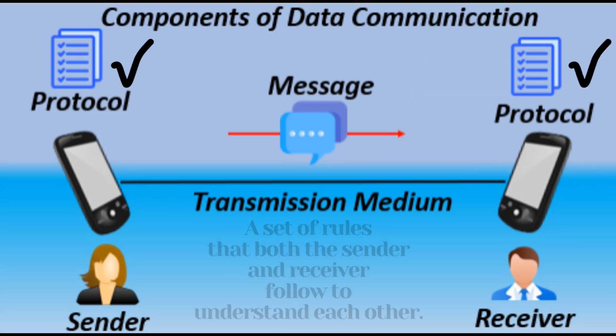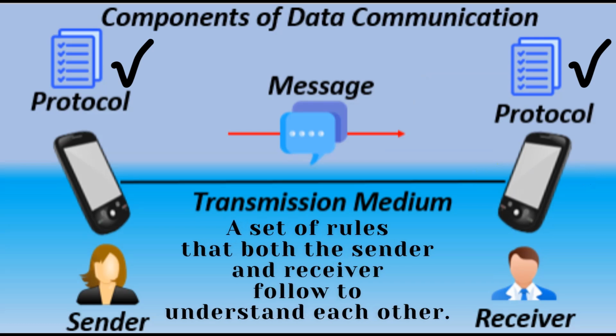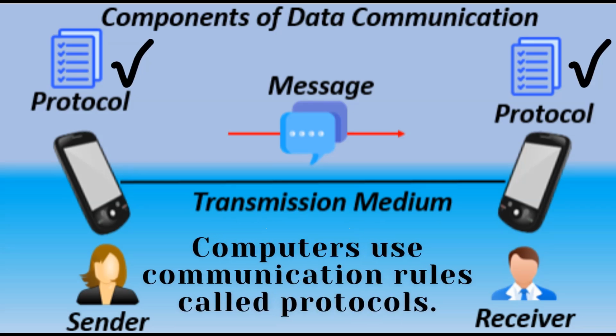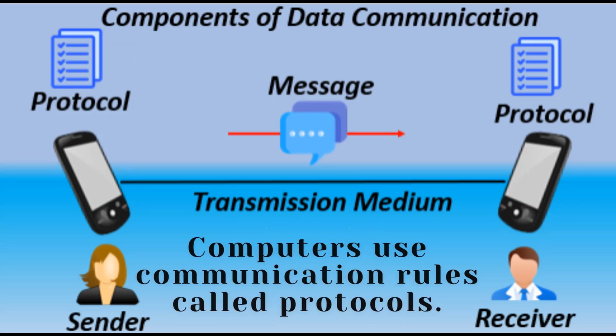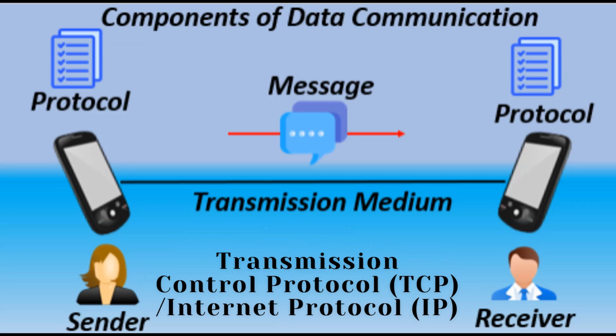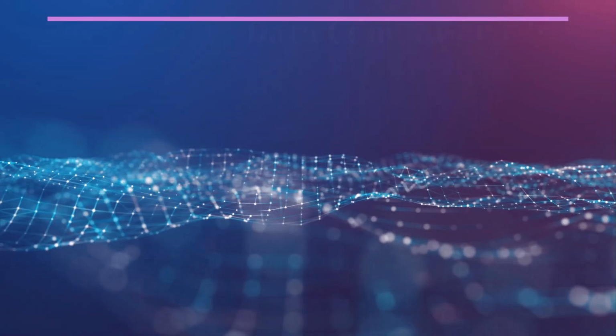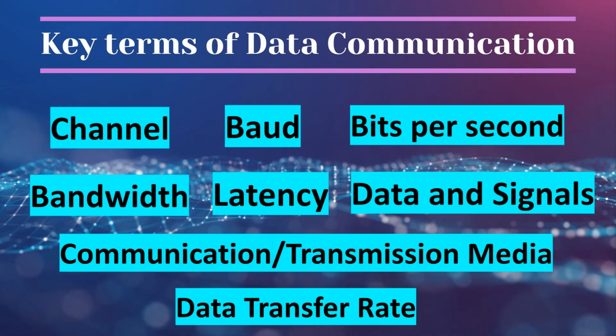Protocol. A set of rules that both the sender and receiver follow to understand each other. Just like we follow grammar rules in a language, computers use communication rules called protocols. Example, TCP/IP, the standard set of rules that allows devices to communicate over the internet. Let's see the key terms of data communication.